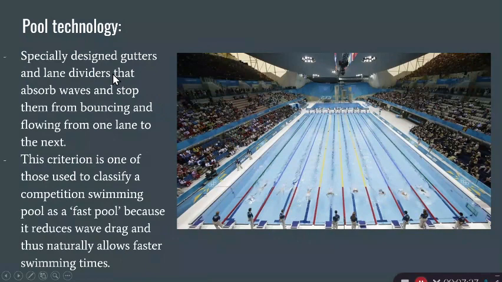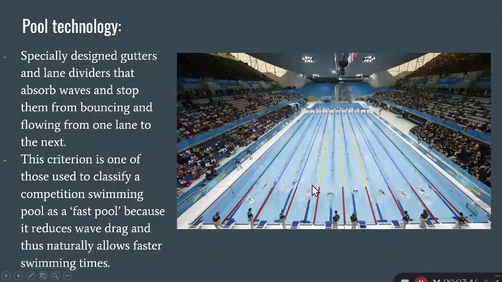Now, pools have adapted to account for this to try to minimize the amount of wave drag. A lot of your higher end, nicer pools have specific gutters and lane dividers that minimize the amount of waves that are created when we are swimming.